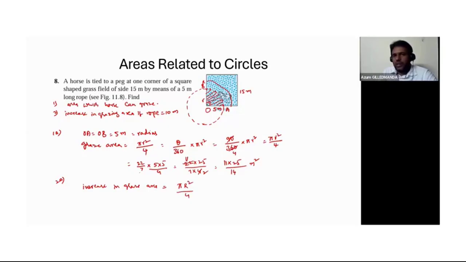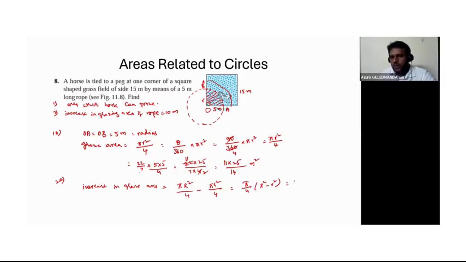That is the total area it can graze when R is 10 meters, minus how much it can graze when it is 5 meters, that is pi small r square by 4. Because we just need to find the increase in the graze area. So the total area it can graze at 10 meters minus the total area at 5 meters. So can I write this as pi by 4 into capital R square minus small r square?